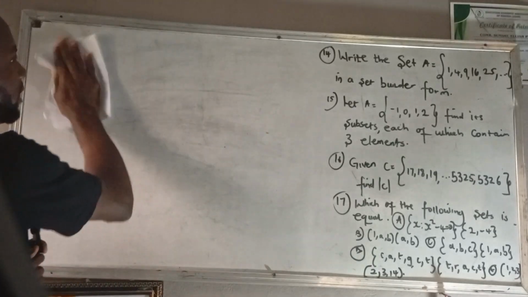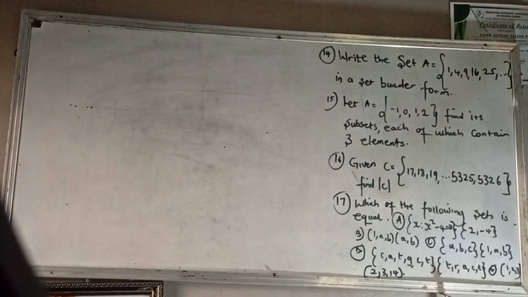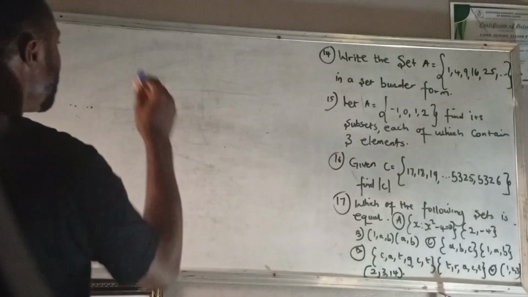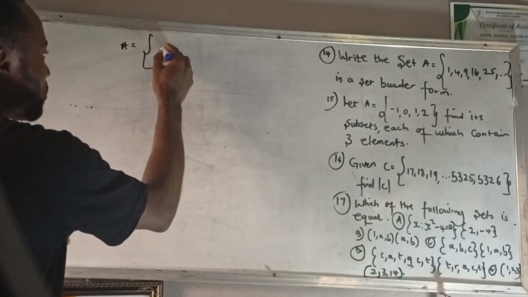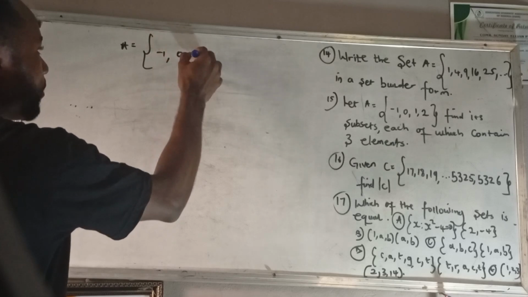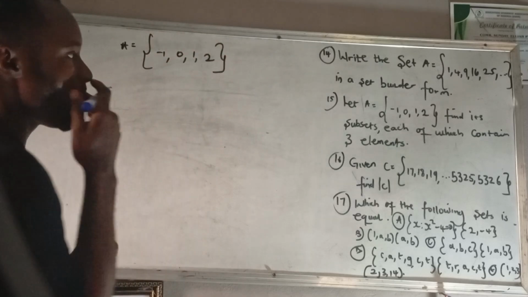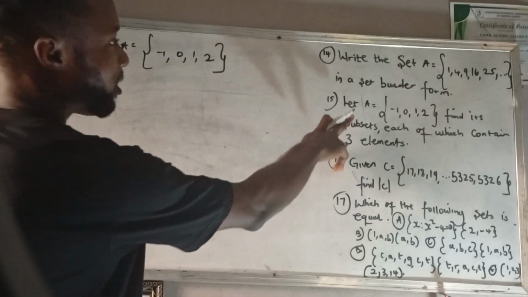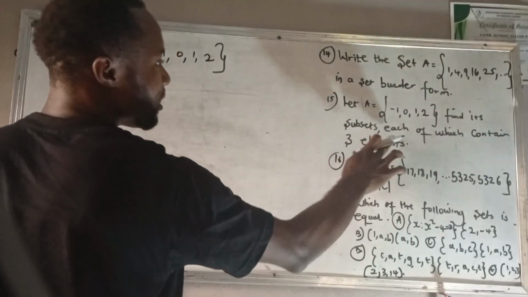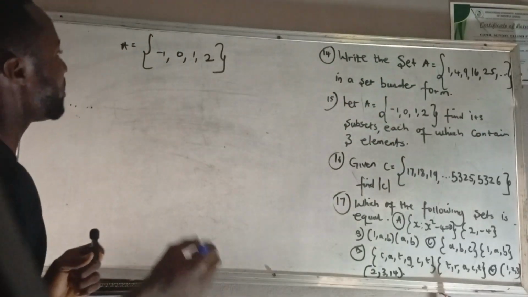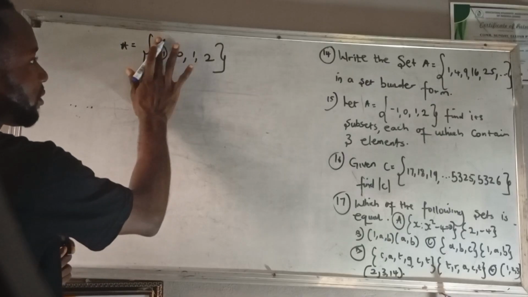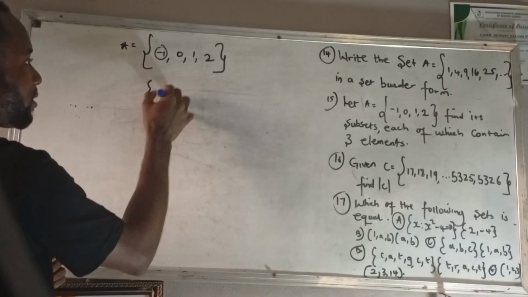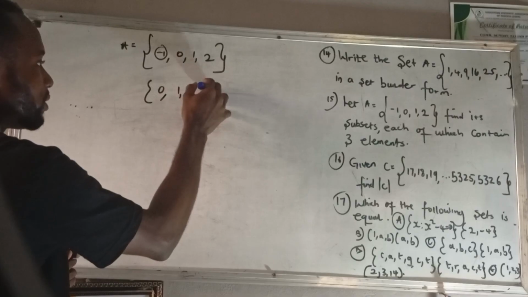So let's move to the next one. A is given to be {-1, 0, 1, 2}. Find its subsets, each of which contains 3 elements. If I remove the first one, -1, I have 0, 1, and 2.